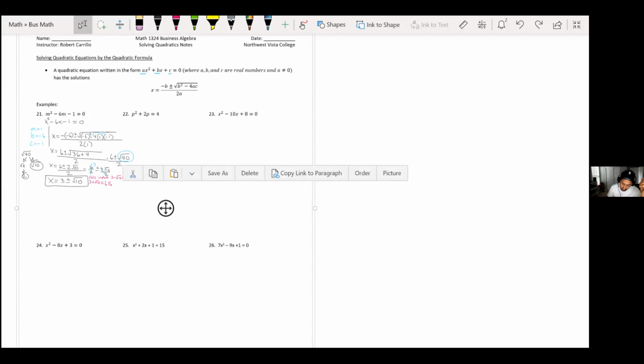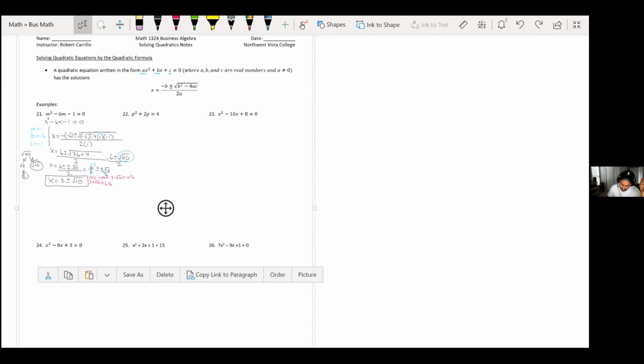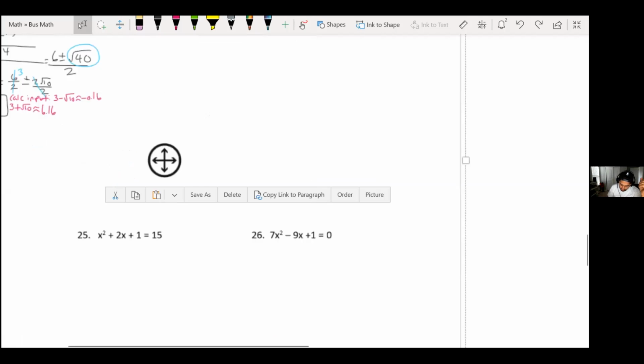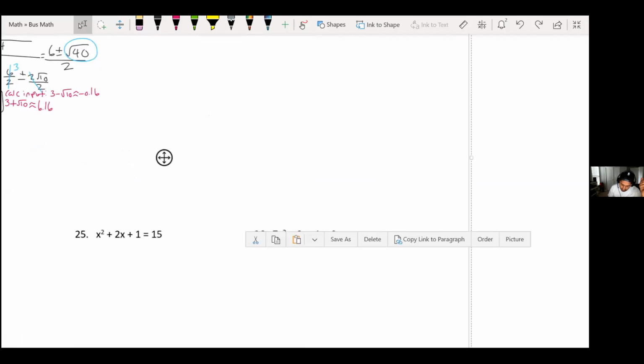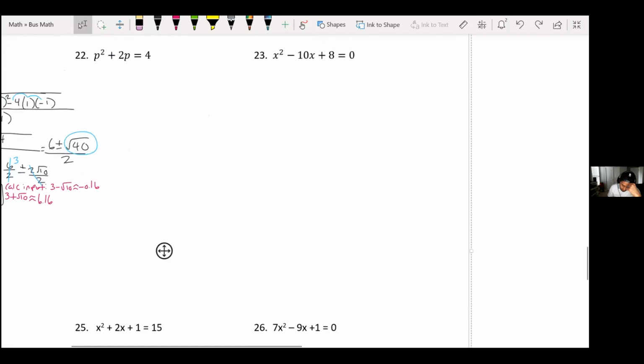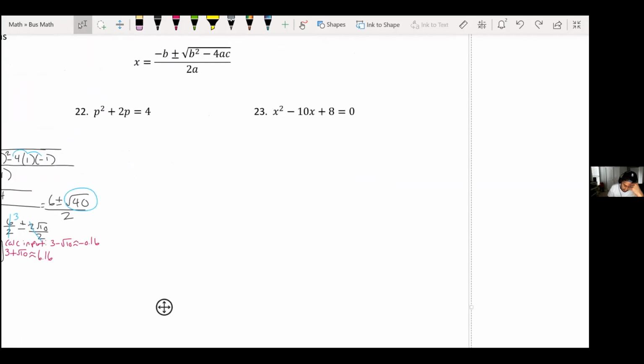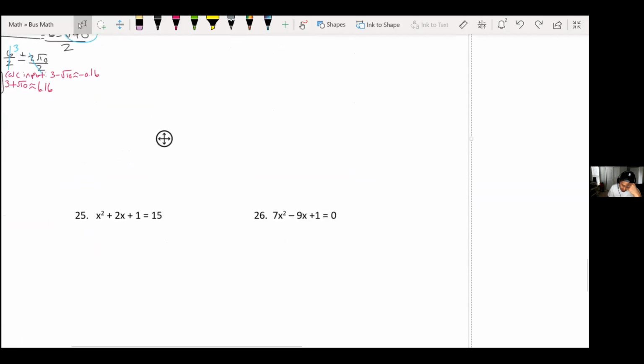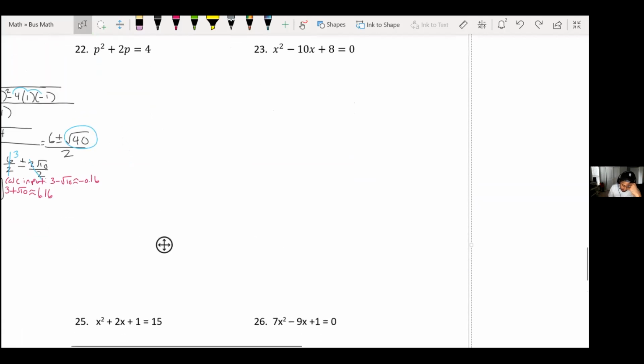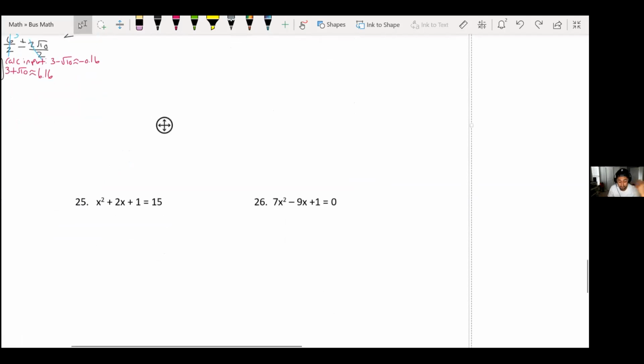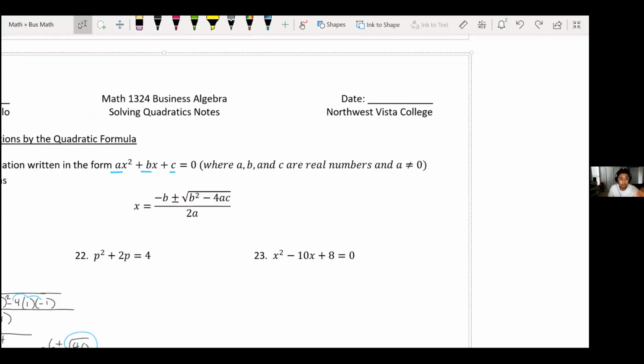Stop it, I don't want that. Close that thing. Okay, 22 and 25. Just take the 4, move it to the left. Take the 15, move it to the left. That's how we get into the proper format of the equation above: ax squared plus bx plus c.